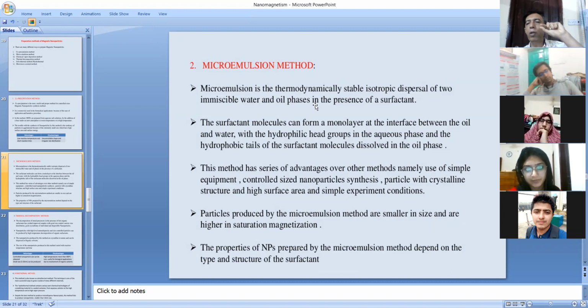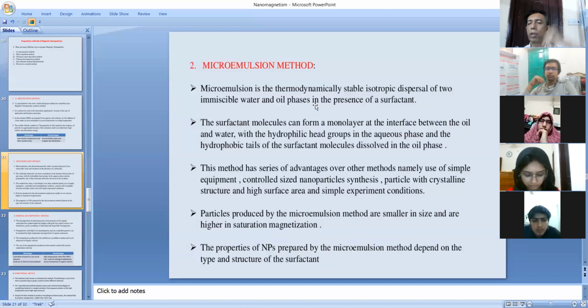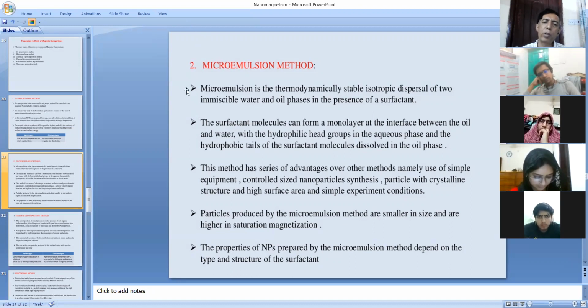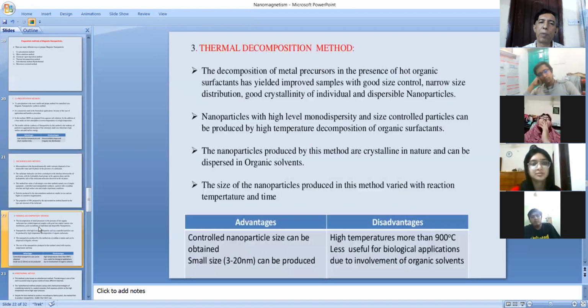Say, for example, you have an oil phase and water phase. They will not mix with each other. But if you place any surfactant here, that one end of that will love water and other end will love your oil, then you will get an oil in water mixture. So this is the microemulsion method, and by this microemulsion method, you can prepare the nanoparticle.